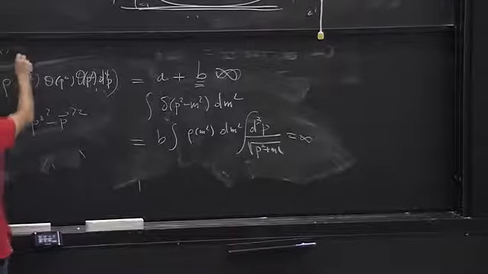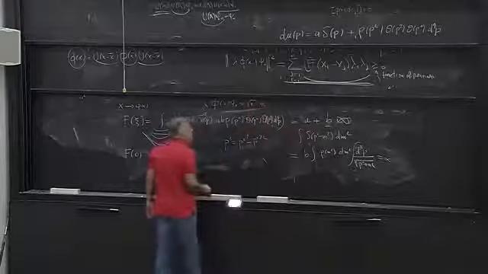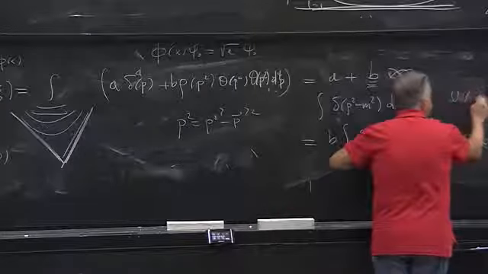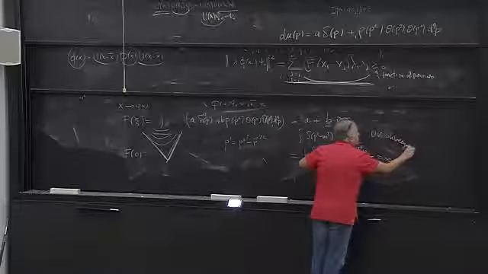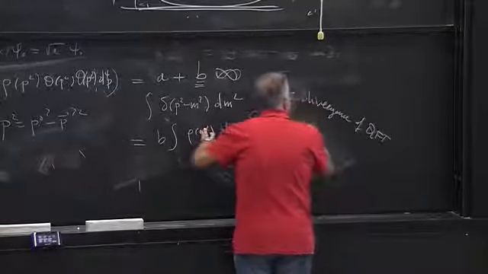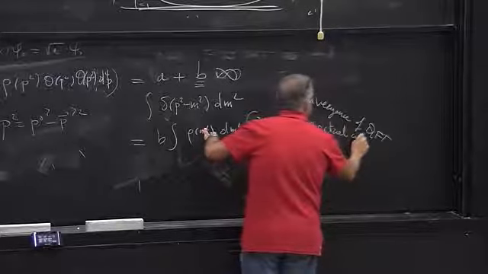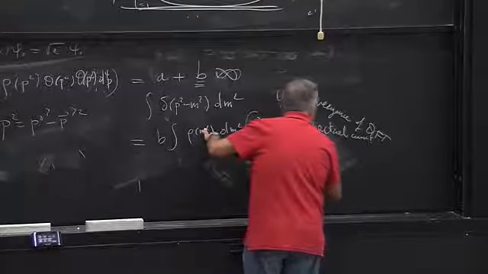Phi of x applied to the vacuum is square root of a applied to the vacuum. So, you see, this is the ultraviolet divergence of quantum field theory. It is a consequence of the spectral condition plus Lorentz invariance.